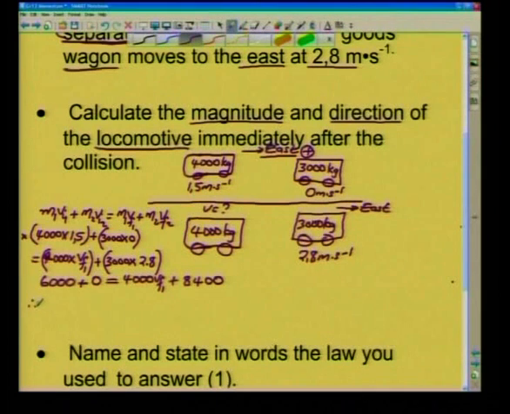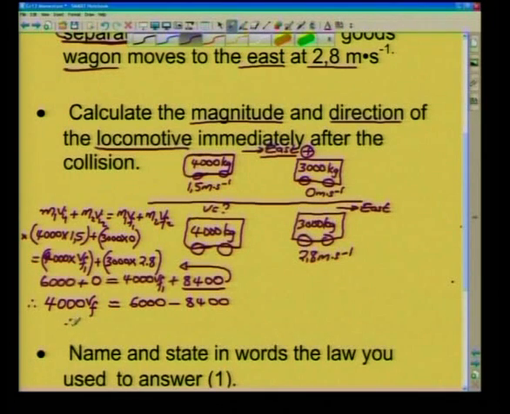Therefore, 4,000 V final would be equal to, taking this to the other side, it was positive, it is going to be minus there. So it's going to be 6,000 minus 8,400.